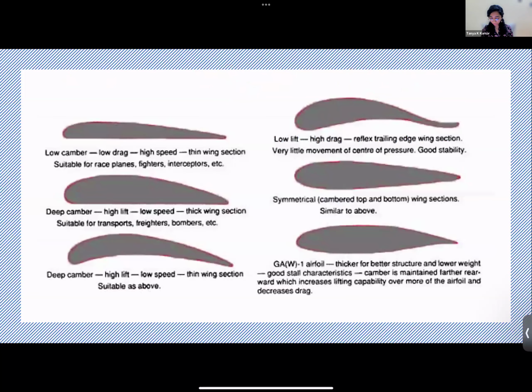Yeah, so this was the slide that we'd seen in the first, second or third lectures, where we had just gone over the different types of airfoils. Which one is reflexed here? If this is 1, 2, 3, 4, 5, and 6, which is the reflex airfoil?